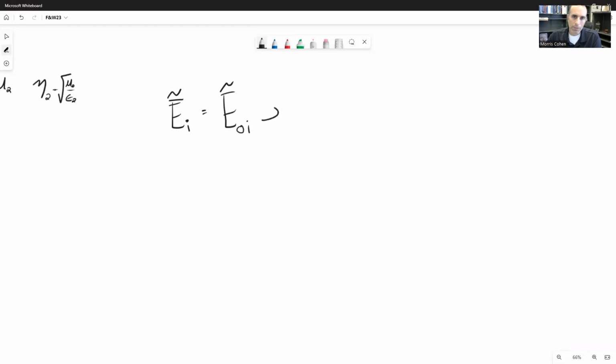So E0I times e to the minus j beta 1 times z. And let's just assume it's oriented in the x direction. Let's just take that as a starting assumption. Remember, beta 1 is going to be 2 pi over the wavelength in material 1, or it's omega, the 2 pi times the frequency, divided by the propagation velocity in material 1. Remember, the beta is going to be different on the other side, but let's just start out with this.